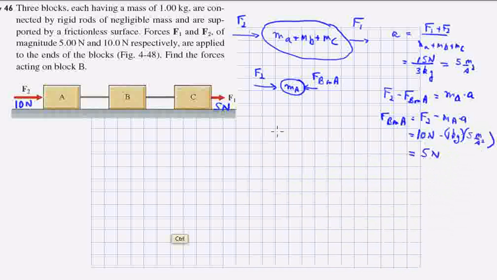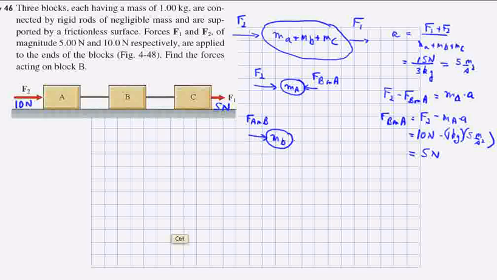So now when I move on to mass B, M_B, it is going to have a force F of A on B. It's a reaction force. I know this is 5 newtons, just equal and opposite in direction to the other one.